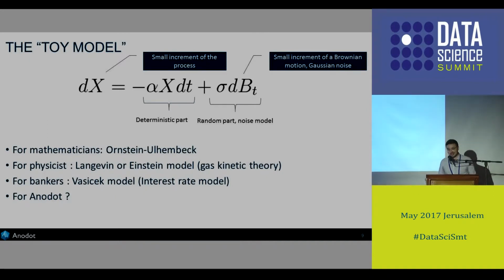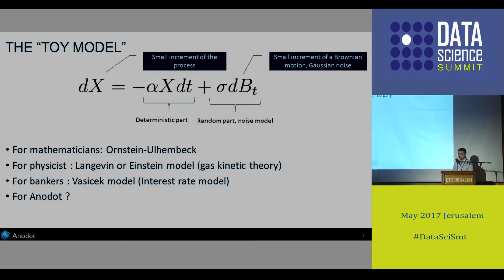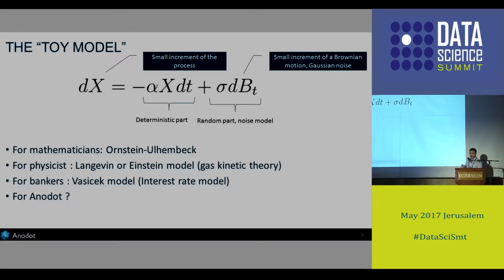So let's now discuss the toy model I chose. The toy model is very simple, don't worry. This is written in the continuous world. First, a small detail about notation. This is the small continuous increment in time, dt, of the time series I want to model. And this is the notation for a noise, simply a Gaussian noise.